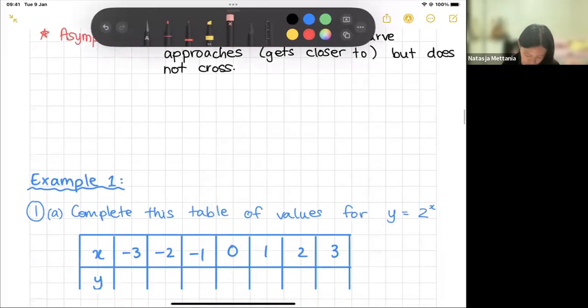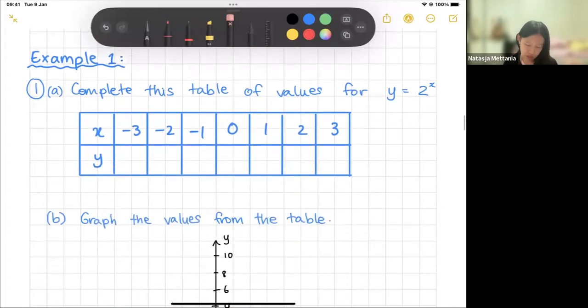Now let's go into our example number 1. Complete this table of values for y equals 2 to the power of x. Same thing like what we did before in our parabola, I'm just going to sub it in.